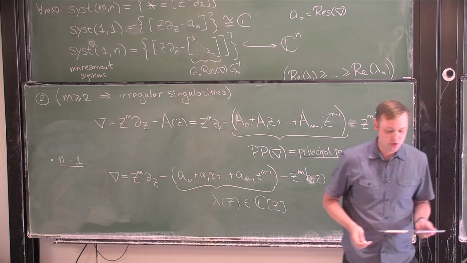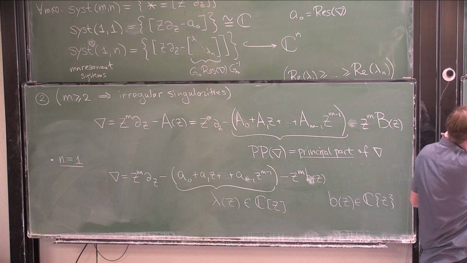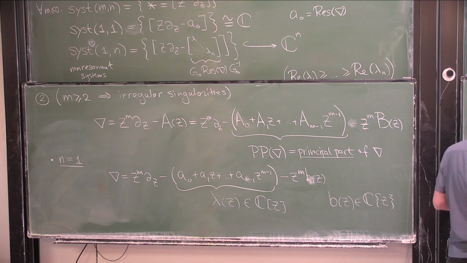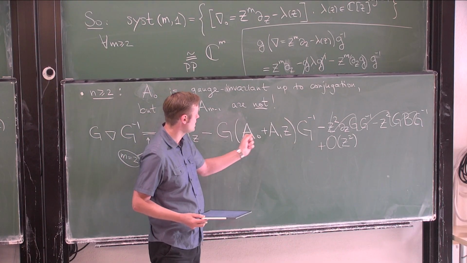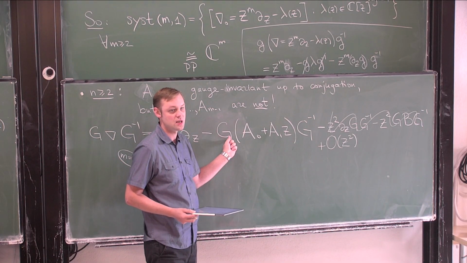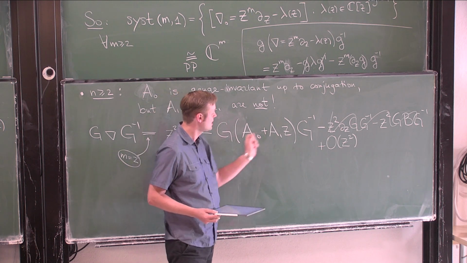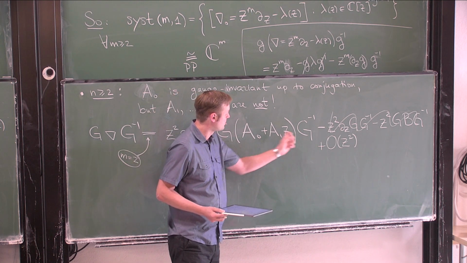Okay, so how are we going to do this calculation? In particular, I want to expand G as a power series in z to see how the leading term and the subleading term affect the principal part.